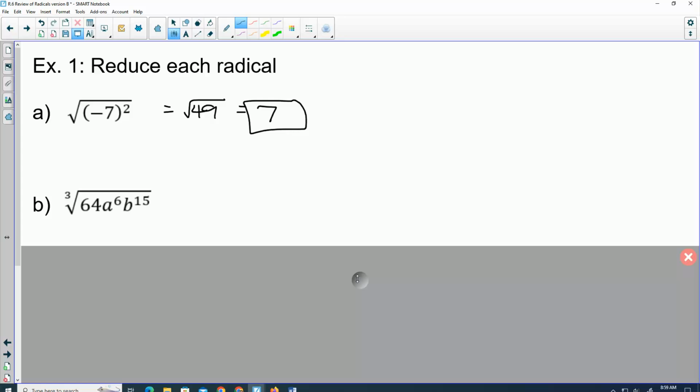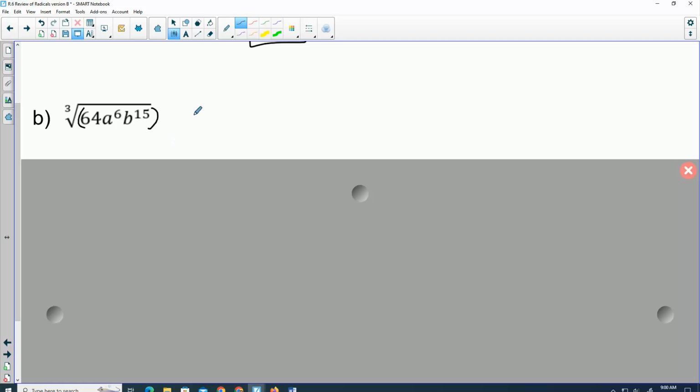If I look at this one, the cube root, when I'm looking at the inside, the radicand, this is all one term. So we can just take the cube root to each piece. What is the cube root of positive 64? All right, with our variables, there's 2 ways of thinking about it.